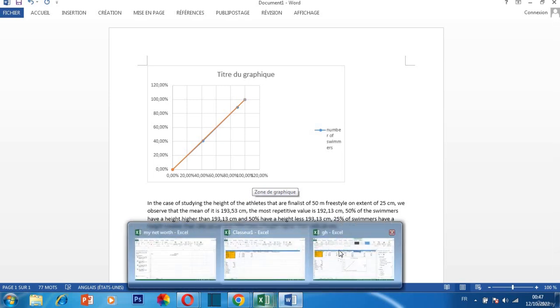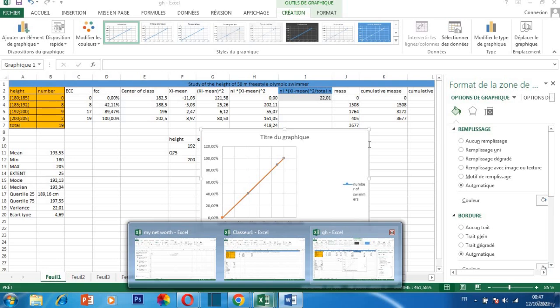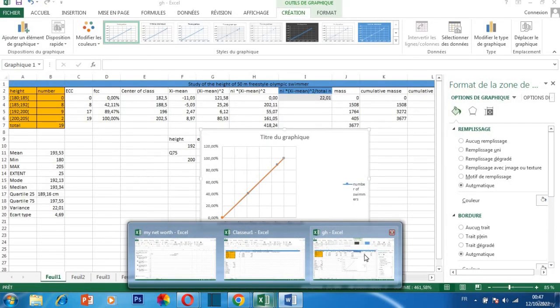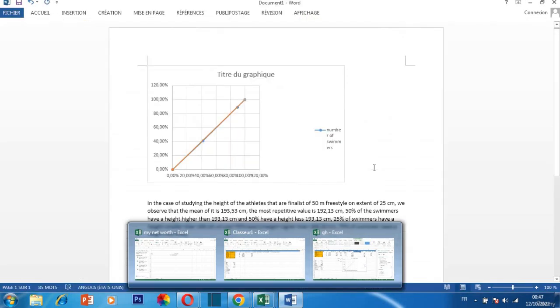For the quartile 75, 75% have a height less than 187.55 centimeters.